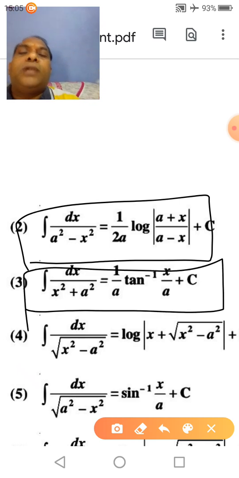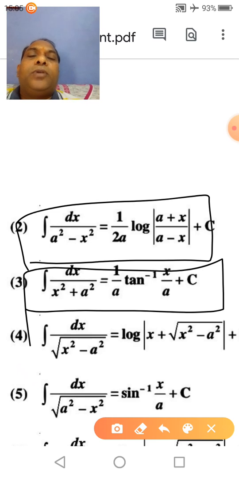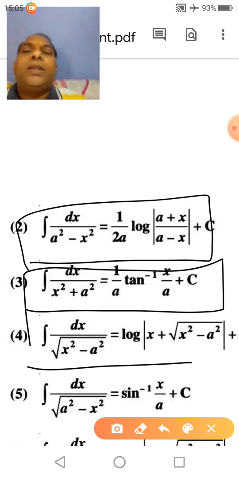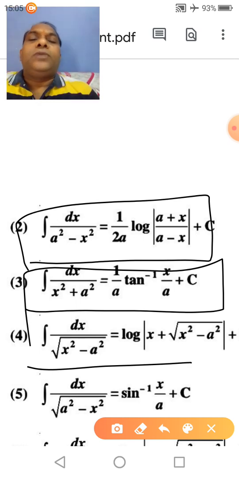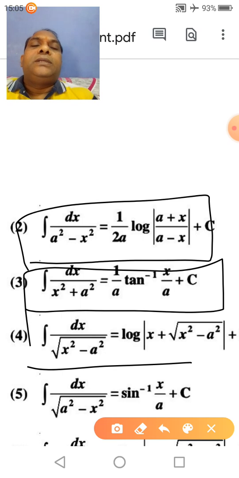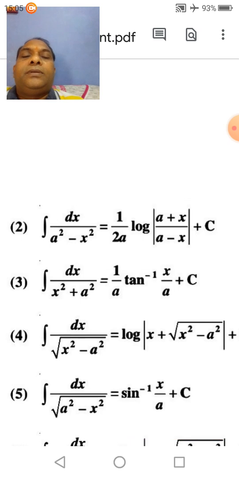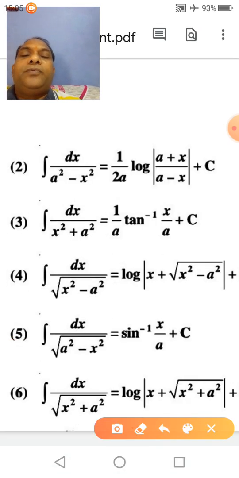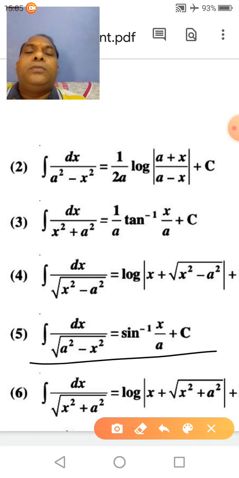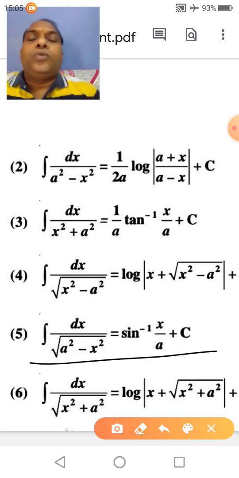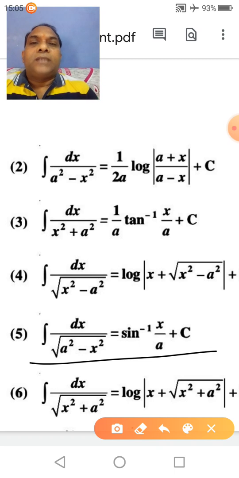Third formula, integration of dx upon x square plus a square is equal to 1 upon a tan inverse x upon a plus c. Similarly, integration of 1 upon root x square minus a square is equal to log x plus root x square minus a square plus c. And fifth formula is integration of 1 upon root a square minus x square is equal to sine inverse x upon a plus c.